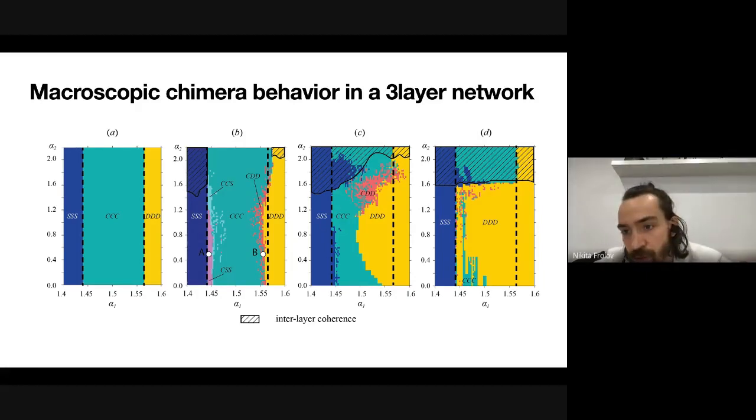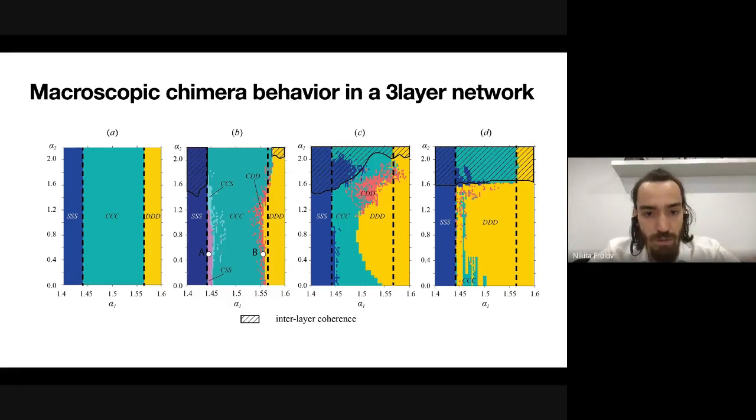Finally, strong coupling leads to the complete overlapping of the desynchronized area and chimera pattern, and the abrupt transition from SSS pattern to DDD pattern.